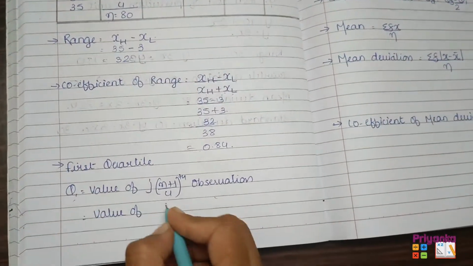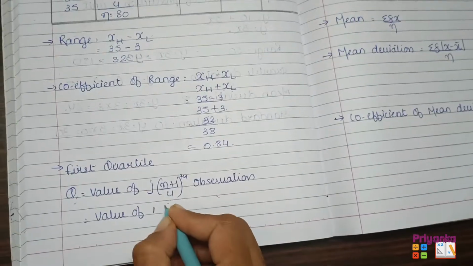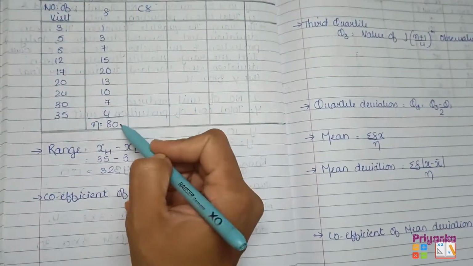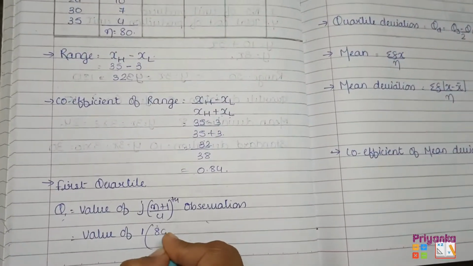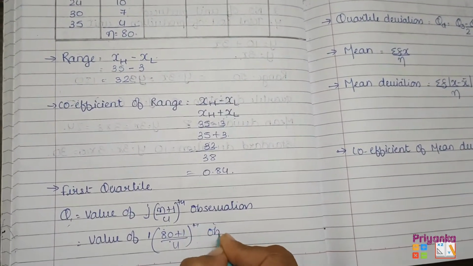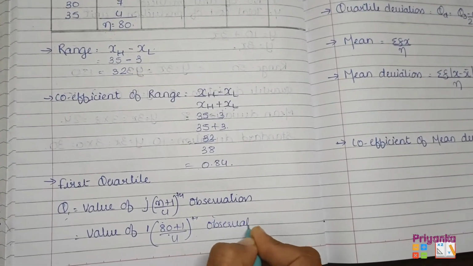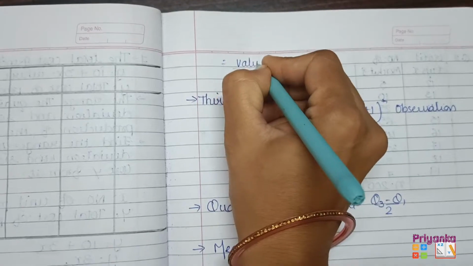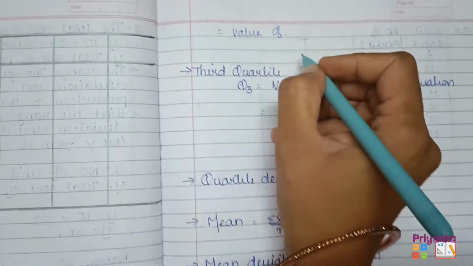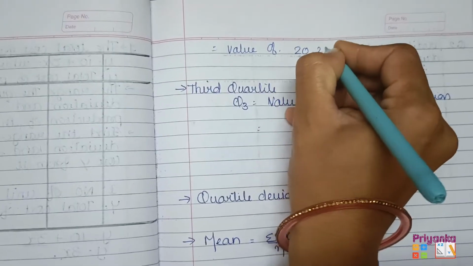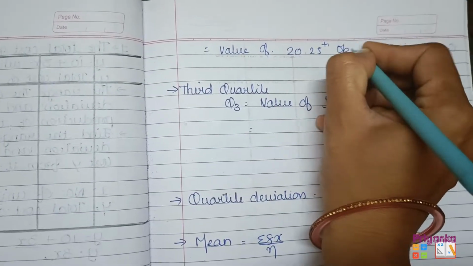So we are finding Q1 where j will be 1. N means total frequency, that is 80. So 80 plus 1, that is 81, divided by 4, you will get the 20.25th observation.